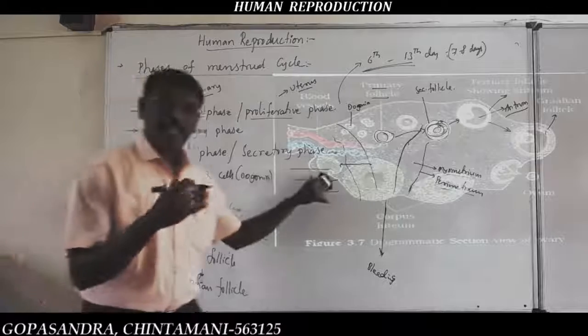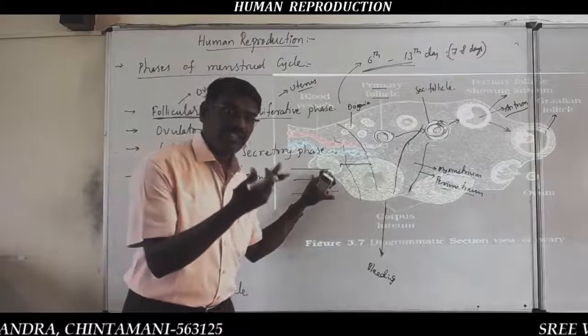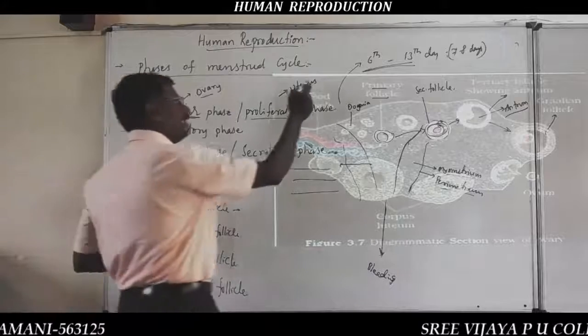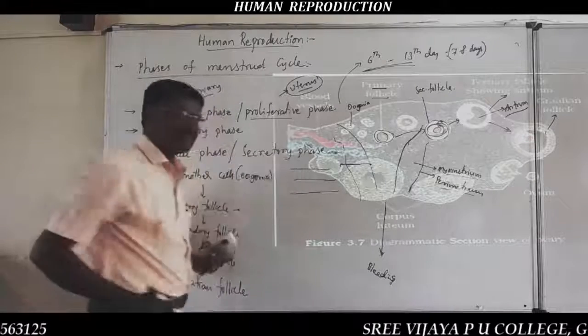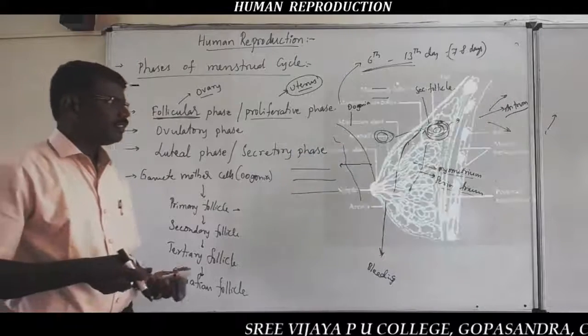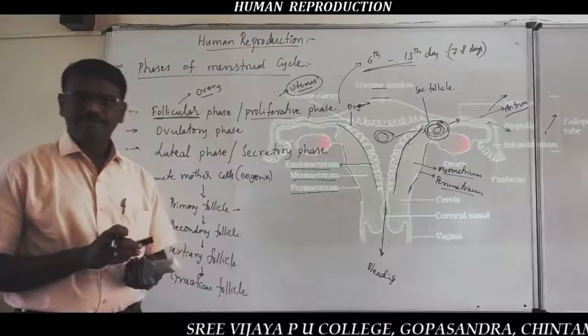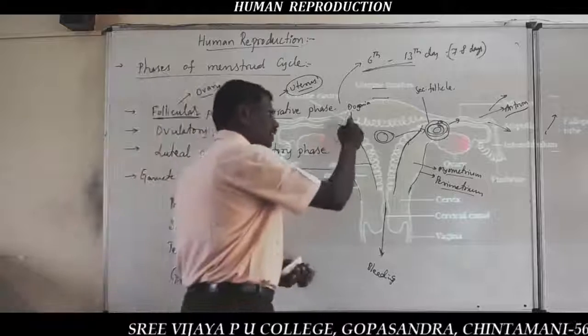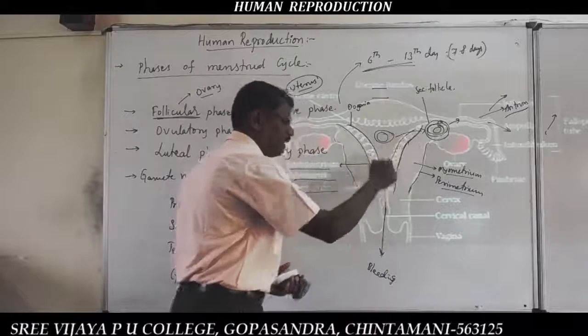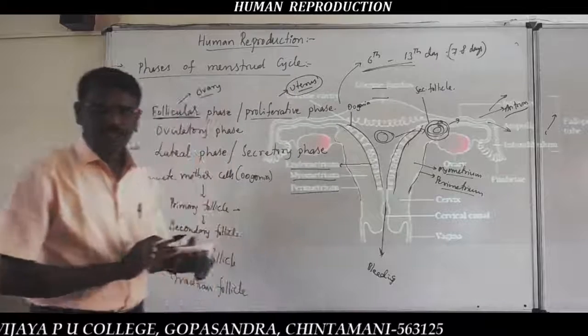In the ovary, the ovarian follicles go through the developmental stages, and simultaneously in the uterus, the endometrium layer is completely shed at the end of the menstrual phase.